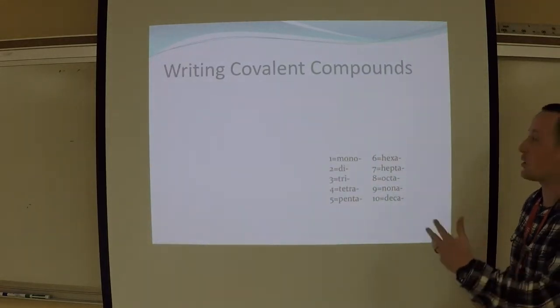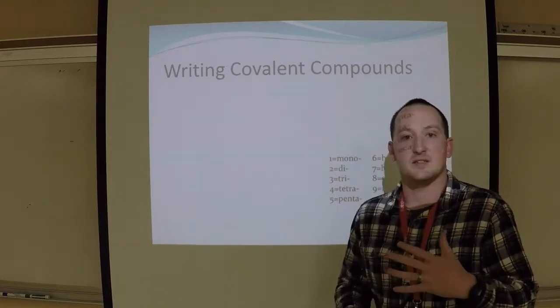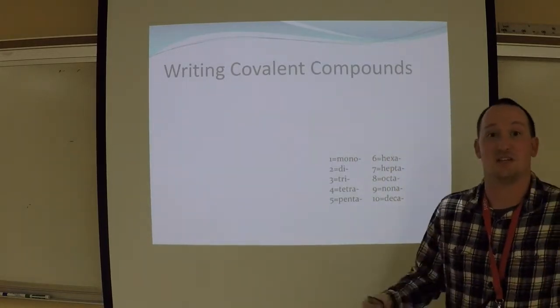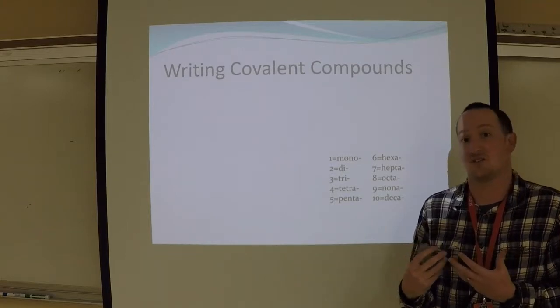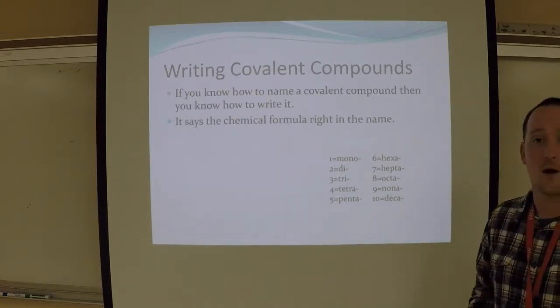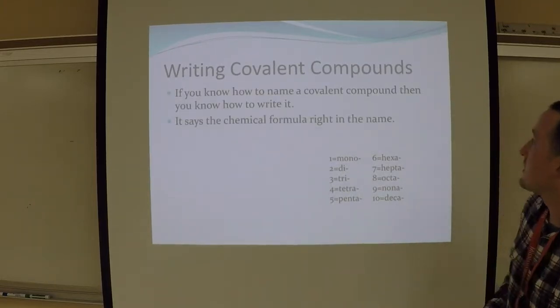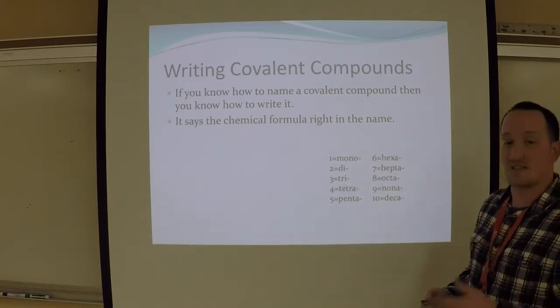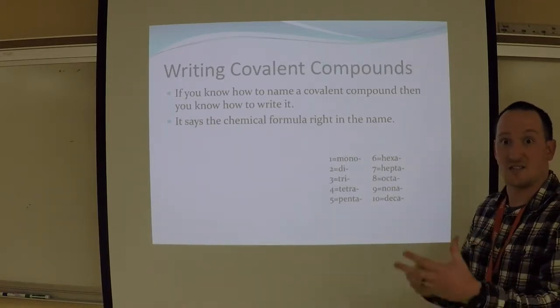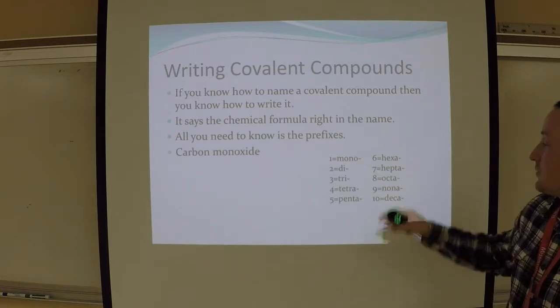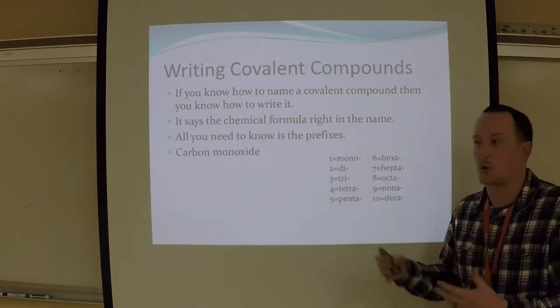Okay, so now we're going to look at how we write the formulas. Again, it's pretty easy. If you look at the prefixes, they tell you how many of each atom there are. So it says the chemical formula right in its name using the prefixes. Having these prefixes and knowing them is pretty important.